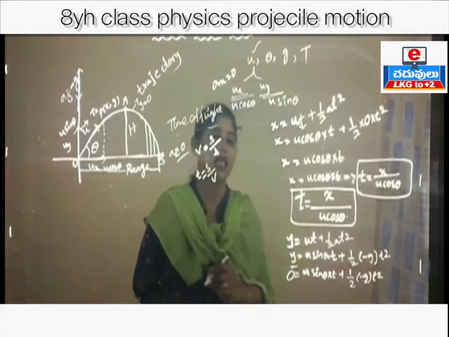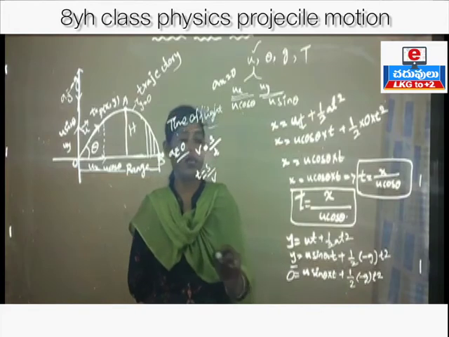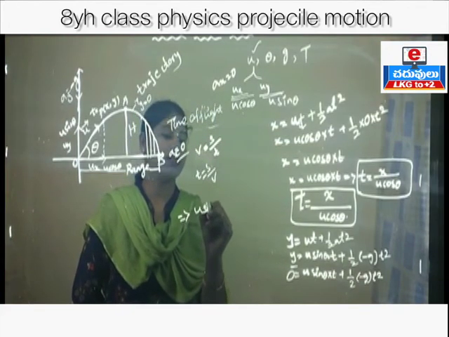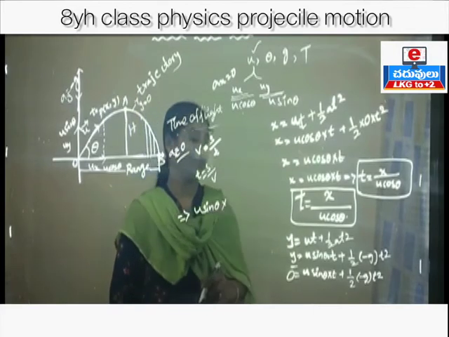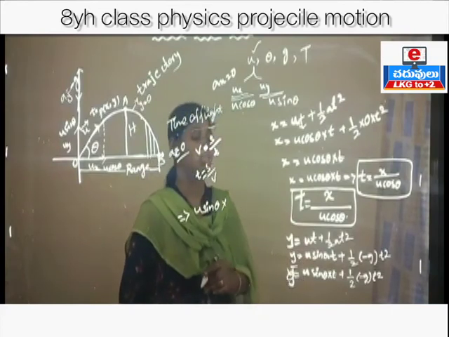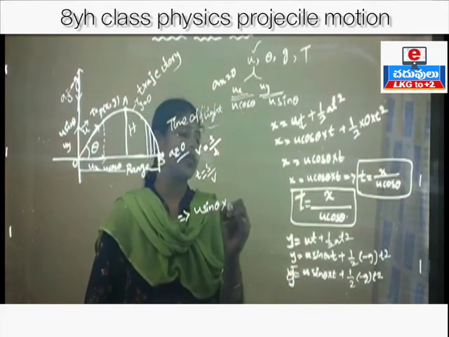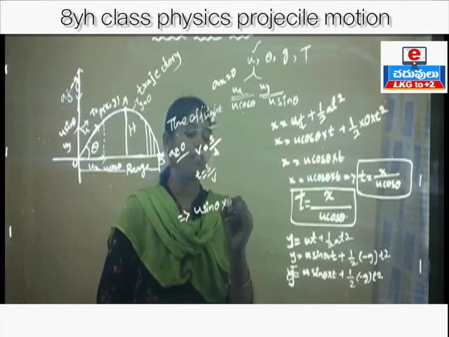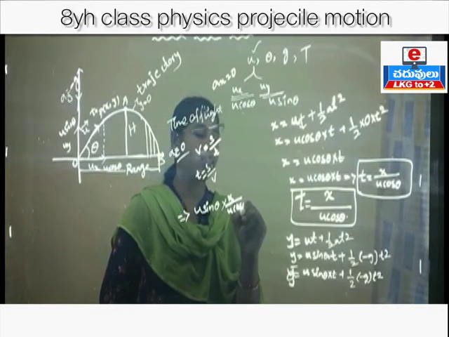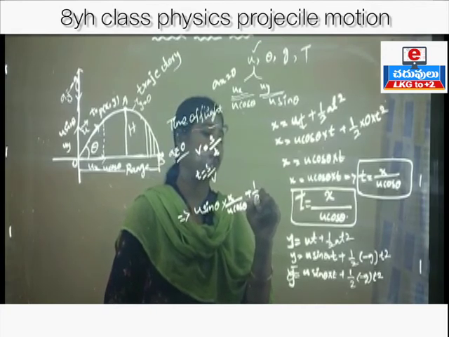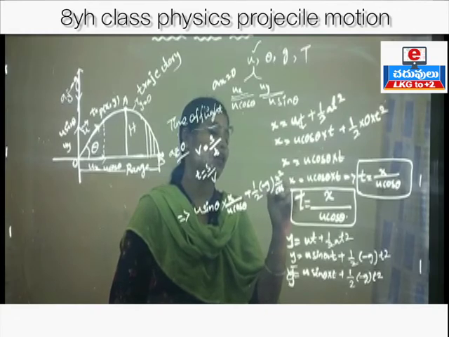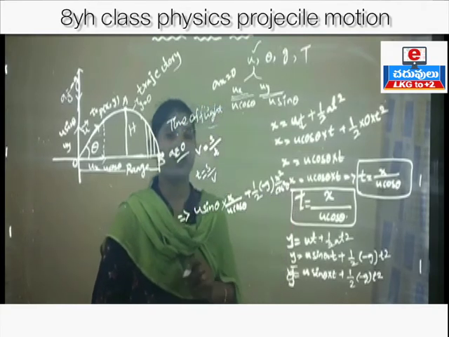Or we can take y directly, and afterwards put the 0. Y is equal to u sin theta into t, where t is x by u cos theta, plus half minus g into x square by u square cos square theta.